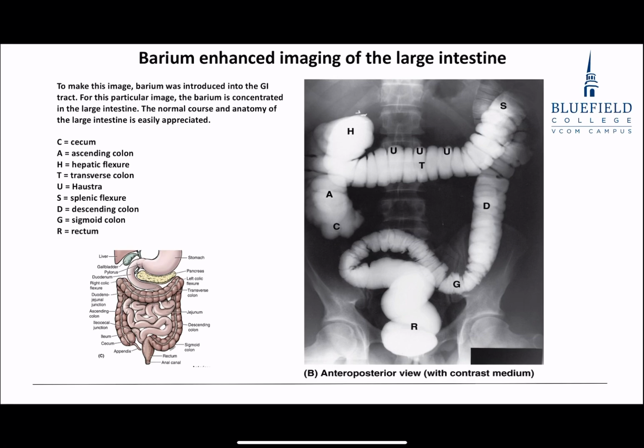Yeah, question? What is the purpose of the flexures? The purpose of the flexures? So it's really just to accommodate the packing of the large intestine. There's no specific function. The small intestine is, I think there's a number on your slide that says 6 to 7 meters, so 18 or 20 feet long.